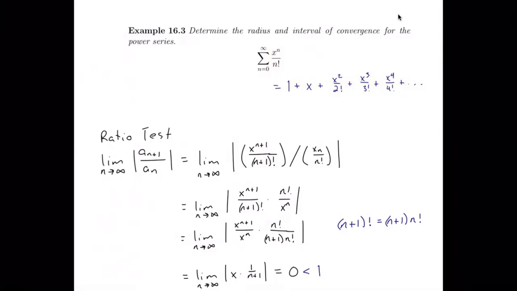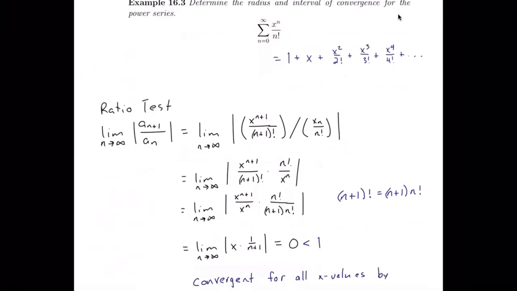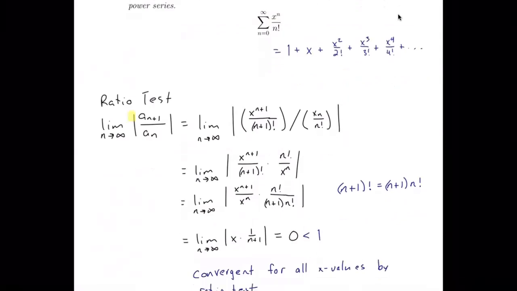So now to find its interval and radius of convergence, as always, it's the ratio test. The limit as n goes to infinity of the absolute value of the ratio of one term over the previous term. So a sub n plus 1 over a sub n. Okay, and when we fill that in, the term in the numerator is x to the n plus 1 over n plus 1 factorial.